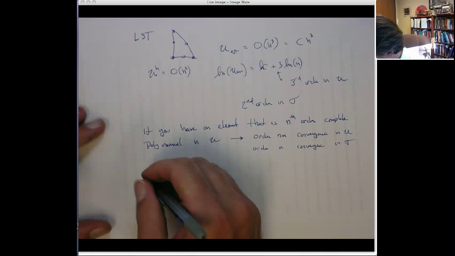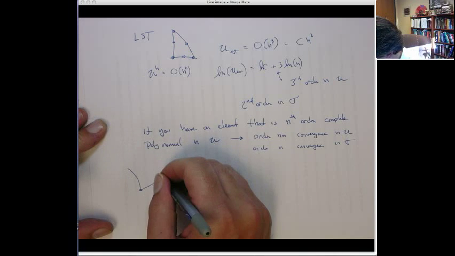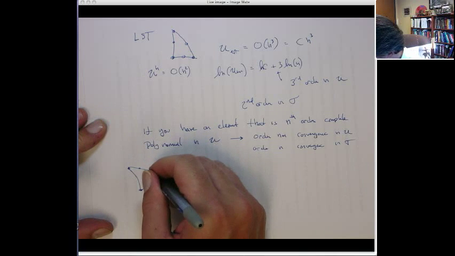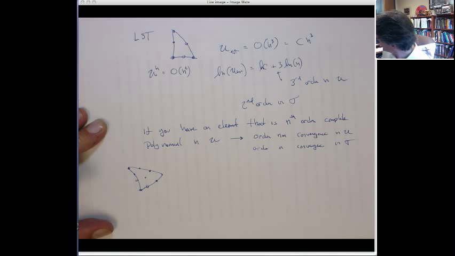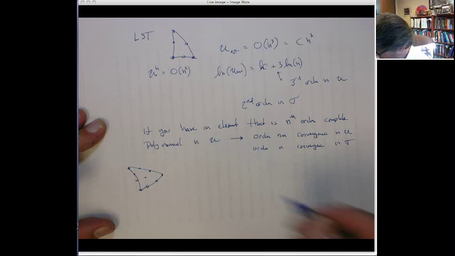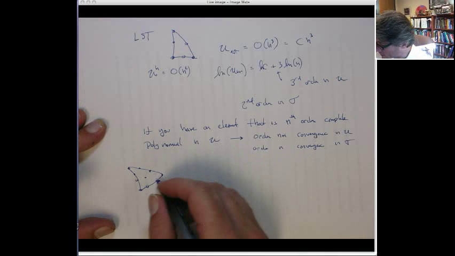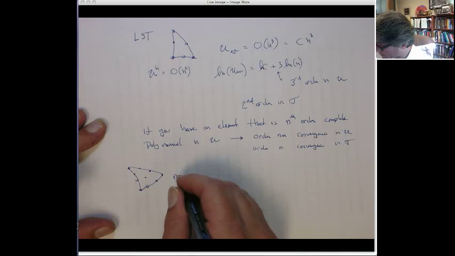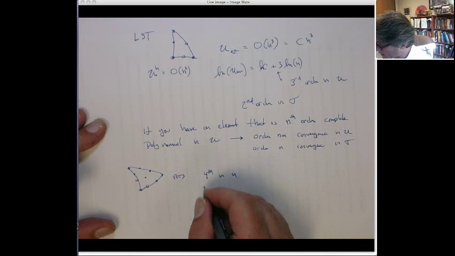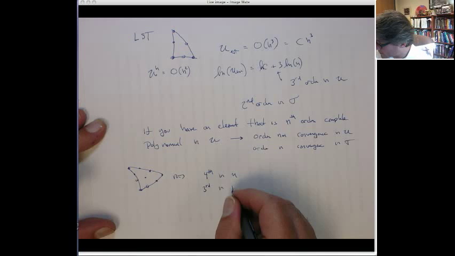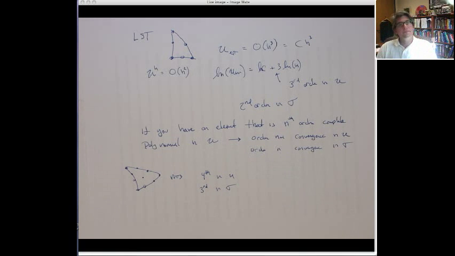So if you had the next highest order element, which is the cubic element, this is cubically complete, so n is equal to 3. So that means that it's going to be fourth order in the displacement and third order in the stress convergence. Okay.